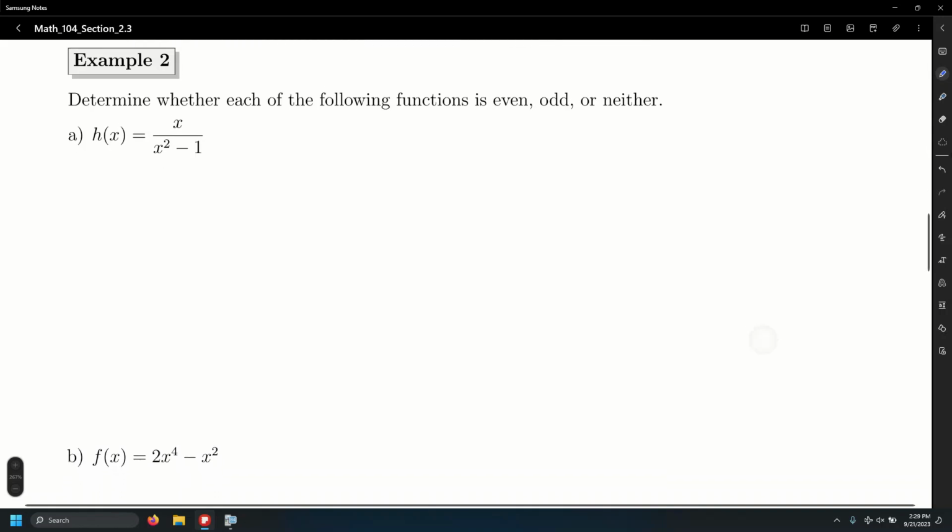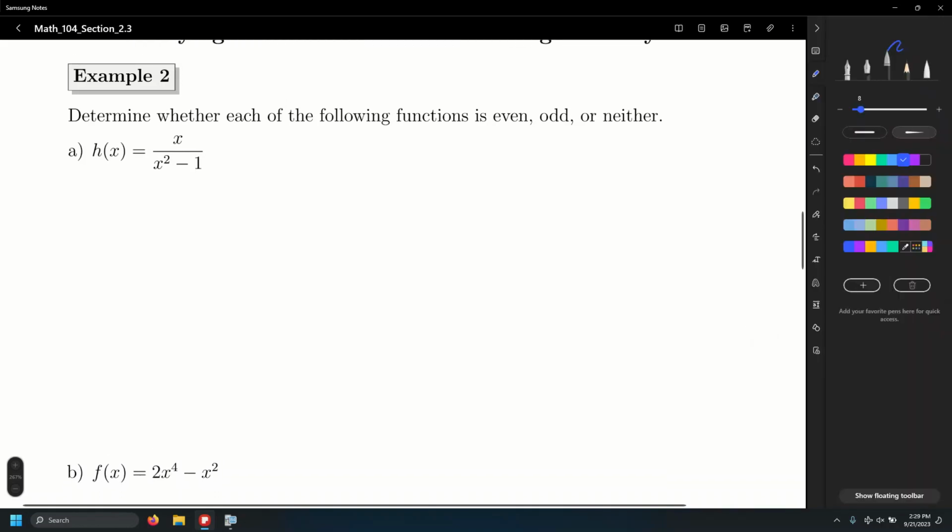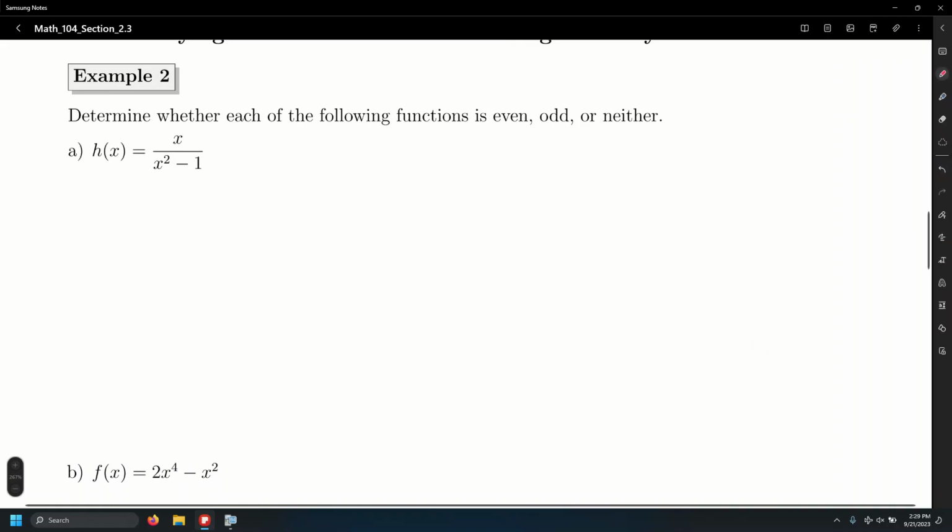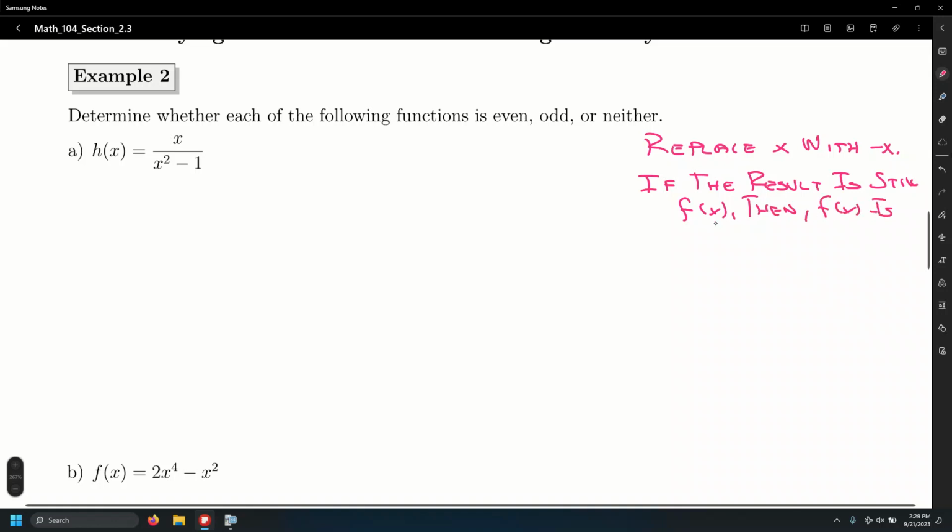All right, so this is what we're going to do. Let me write down in a way the steps on the side. Number one, replace x with negative x, right? If the result is still f of x, then f of x is even.